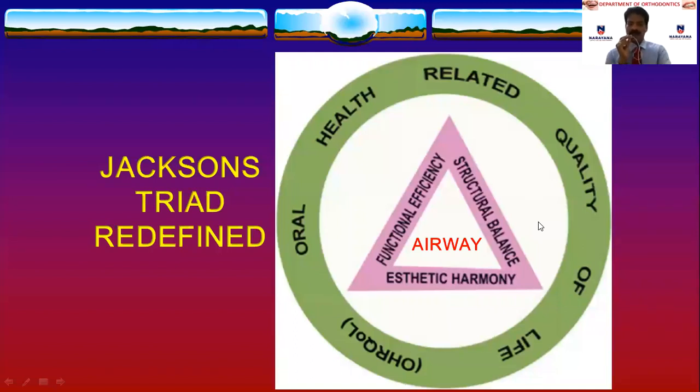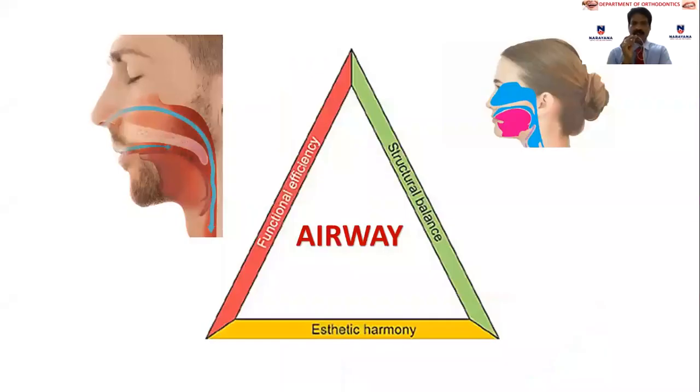You will come to know that slowly. So the Jackson's triad, see the airway. Airway is very important. Once you correct the different malocclusions, there have been a lot of changes in the airway, which has done a lot of good things for the orthodontic patients. That is why the focus is there now on the airway.